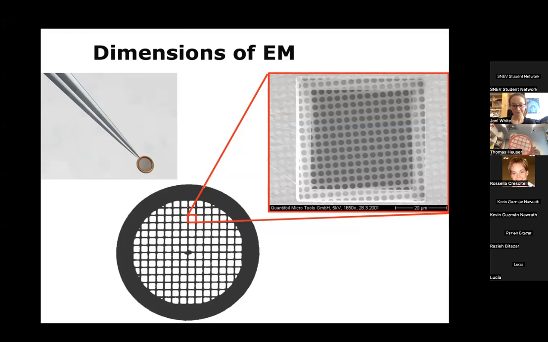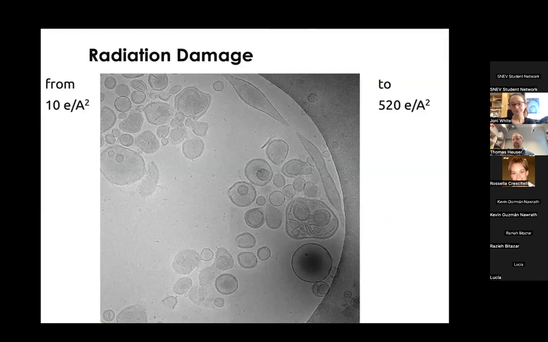In reality, these things are just 3 millimeters in diameter. They typically have a metal mesh, and then a support film on top of this. This can be a film of plastic or a carbon film, and it can be continuous, or it can have little holes in it, as in this little model and in the slide I'm showing you here. This is where our sample goes onto, and that is what goes into the microscope in the end.